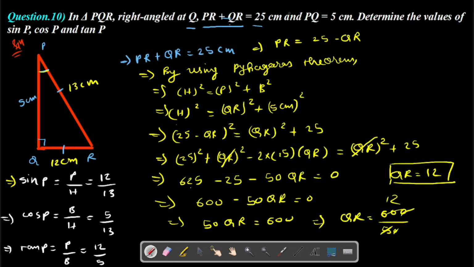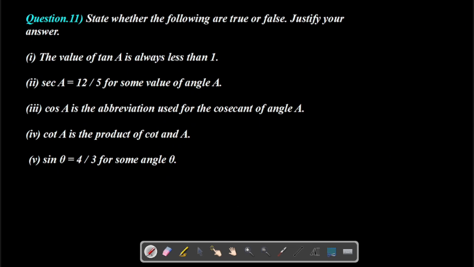Now let's move on to the next question, question number 11. State whether the following are true or false. Okay, we have to say whether the following sentences are true or false.